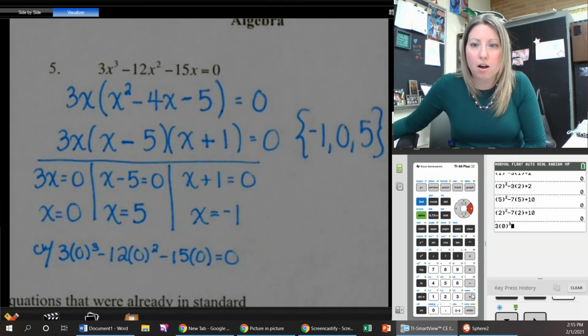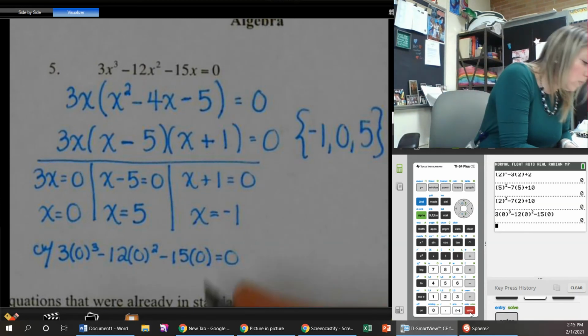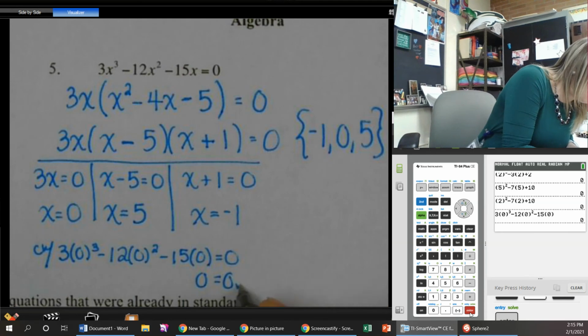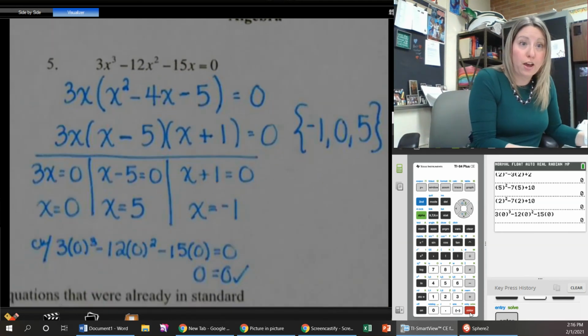So now we've got minus 12 times 0 squared, and then minus 15 times 0. Even though we know that this is going to easily zero out, we still plug it in to check. Okay, now we've got to do that with the other 2 values as well.